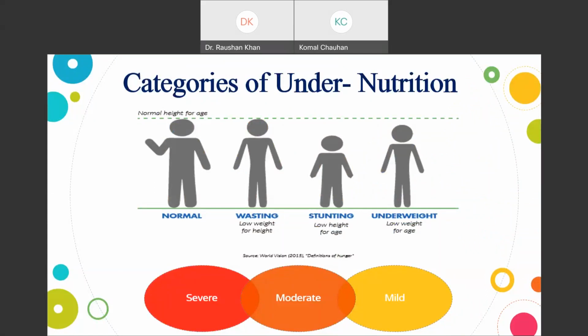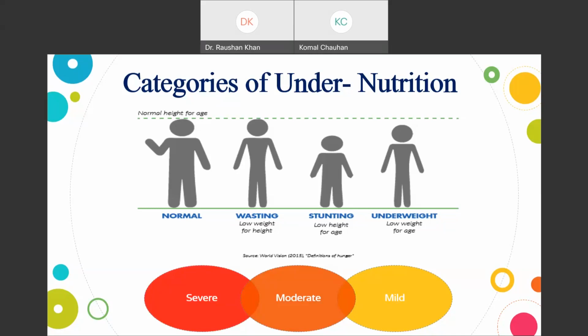Then we have wasting. Wasting is termed as low weight for height. If your weight is in the proper category for your height, then you are normal. But if not, a child can have severe, moderate, or mild wasting.